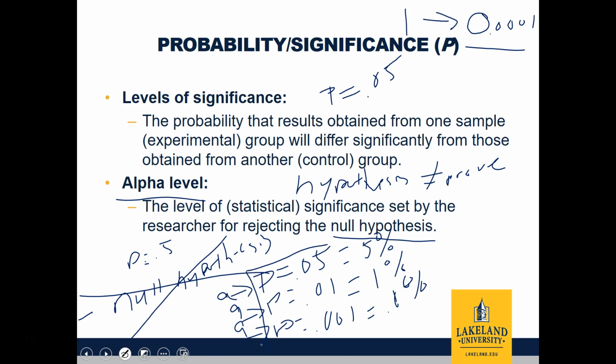Or do we need to be 99% sure? Or do we need to be 99.9% sure? So that's what the alpha level is: the researcher saying, well, I think if we're 95% sure, we can say that we're pretty good. And that tends to be a p-value of 0.05, which equates to 95% certainty.